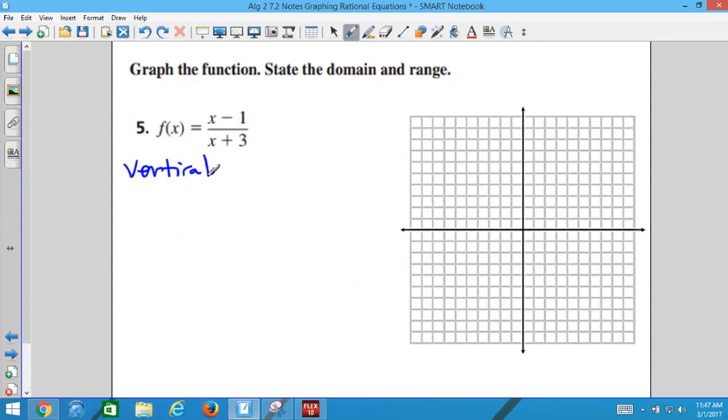So for the vertical asymptote, that's the x, we set the denominator equal to 0. So x plus 3 equals 0 because it can't equal 0. So what makes it 0? X equals negative 3. That's what makes the denominator 0. That's what the asymptote is.